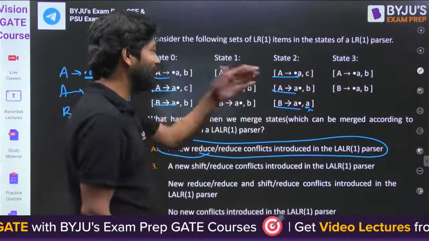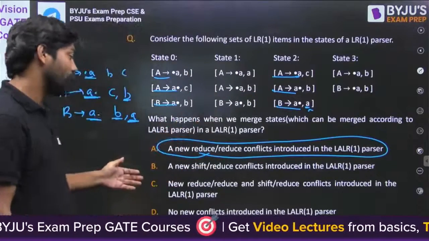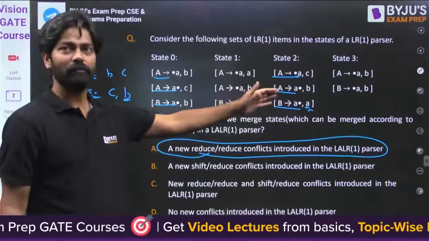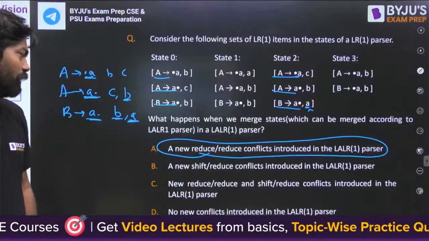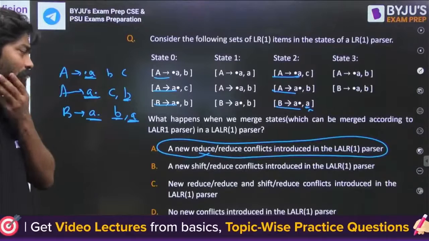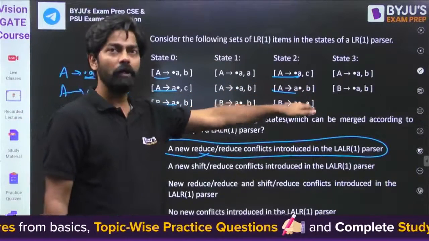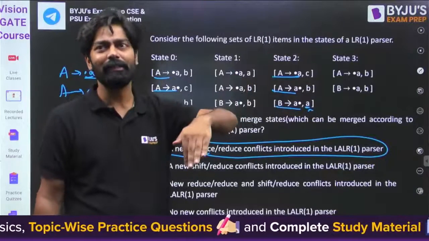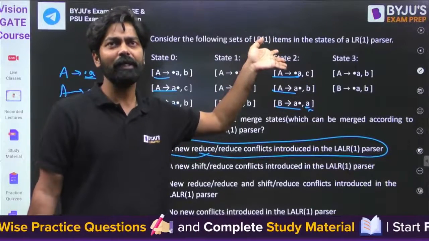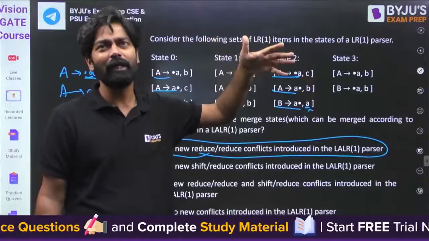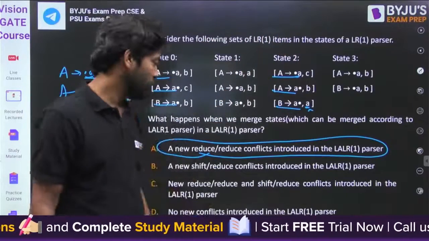Here we already have SR conflict, so answer, I think you can go with reduce conflict introduced in the LALR parser. Because we already have SR conflict here. If we don't have SR conflict in CLR1, after merging we will not get SR conflict in LALR1. Fine. Okay.